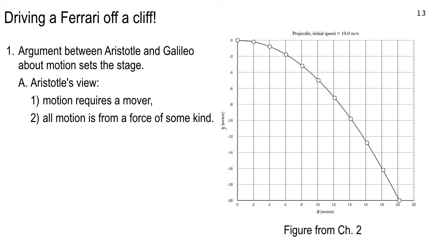Now we don't use that today. We now know that you set the arrow in motion and it will go, and it'll maybe have a little bit of air resistance. But if you're on the moon where there is no atmosphere, no air resistance, an arrow will just keep on going, and eventually it'll curve back down to Earth due to gravity, but not due to a push force from behind it. Okay, so that was Aristotle's view.